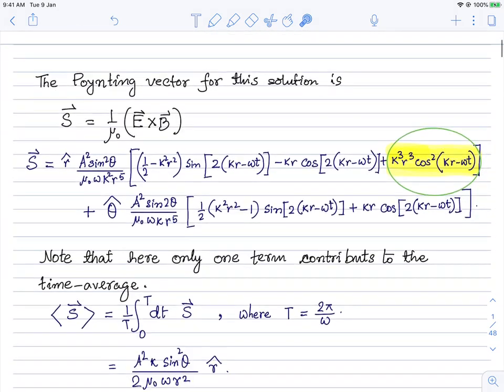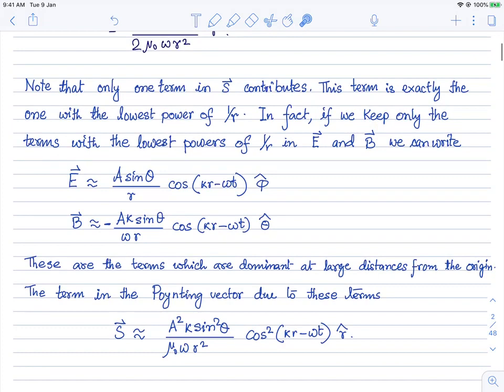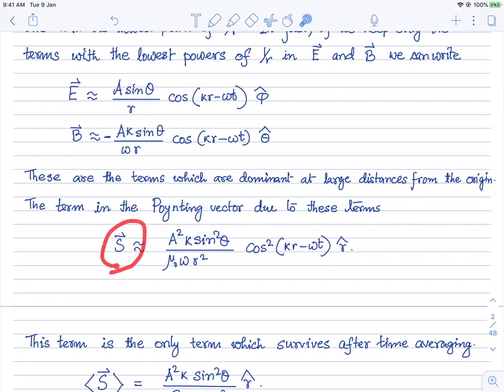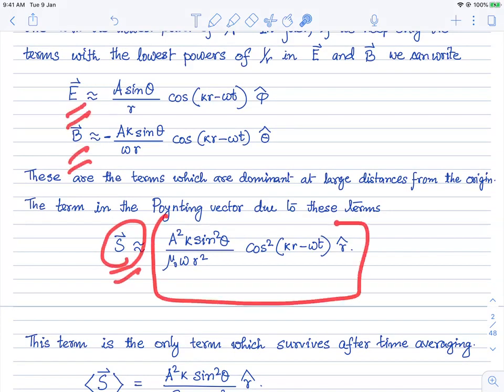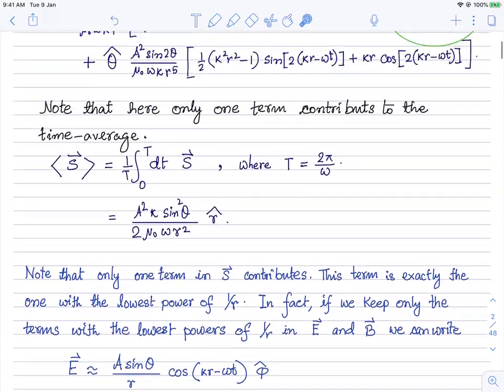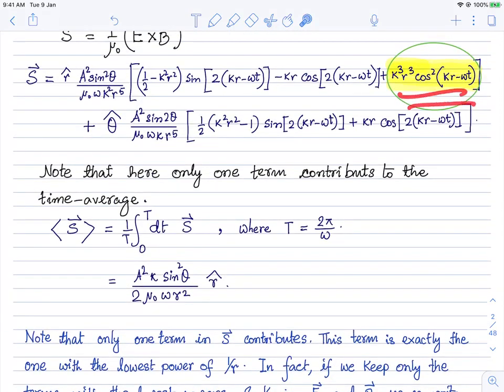Now, if we just focus on those terms that go as 1 over r, we'll find that the electric field for that term is along the phi hat direction, whereas the magnetic field is along the theta hat direction. They are mutually orthogonal to each other. If we compute the Poynting vector just corresponding to these two terms, this is the answer, where we have a cos square, the same term as the one which contributed to the time average.